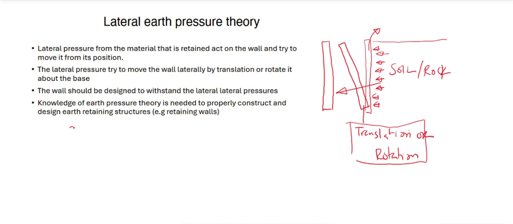So here we are going to look at three major theories. That is the three earth pressure theories, although there are more, we are going to look at the three. That is Rankine's earth pressure theory.